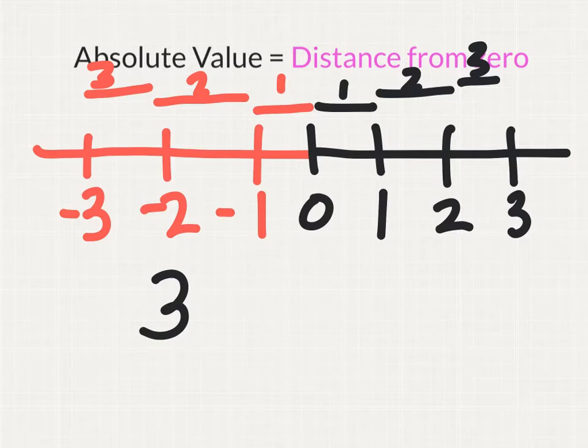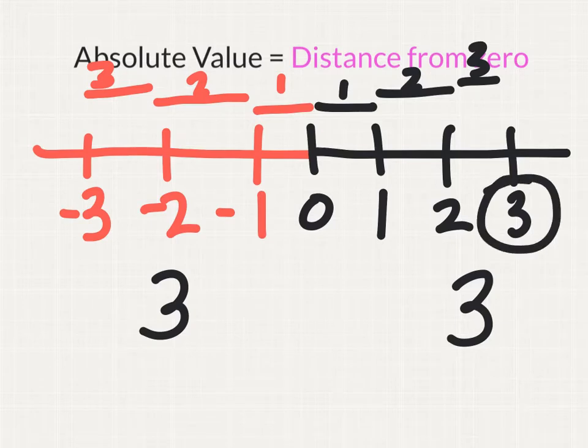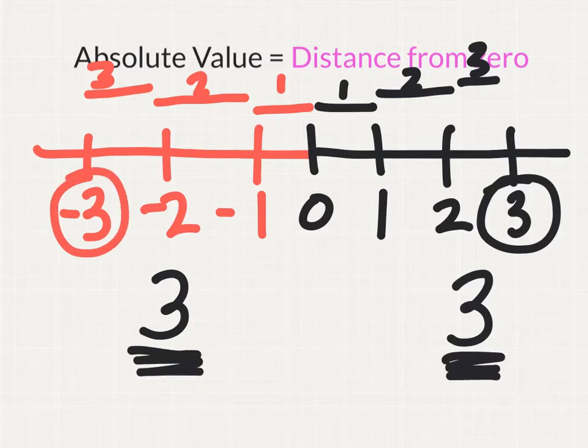So the absolute value or distance from 0 of the number 3 is also 3. Notice the absolute value of 3 and the absolute value of -3 were both 3. Both 3 and -3 are 3 steps or the same distance from 0.